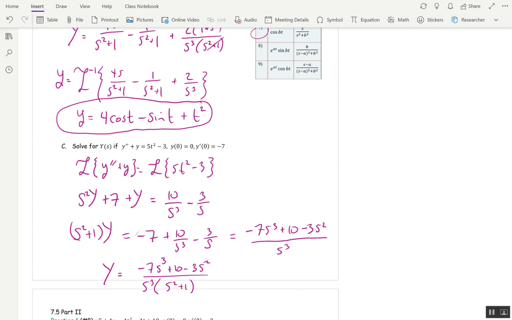And this is all we had to do, solve for y of s. So we're done at this point. If we had to complete the problem and find little y, then we would definitely need partial fractions on that, and that would be one where we'd want Symbolab, because that would have 4 fractions, and one would have a linear top.